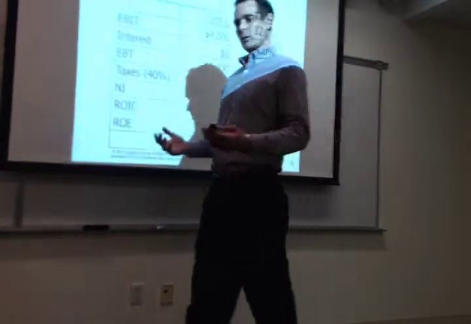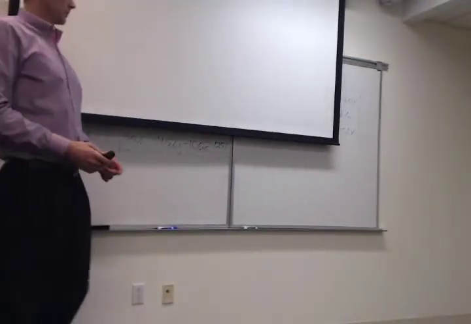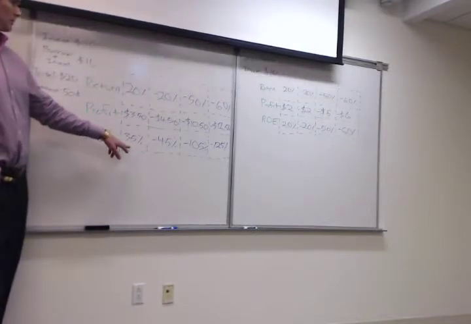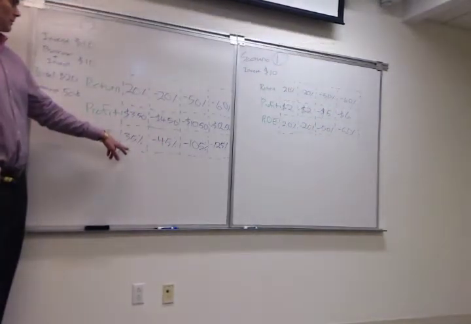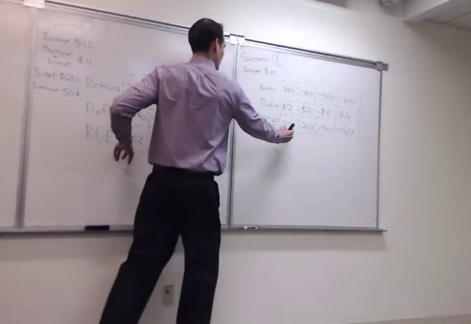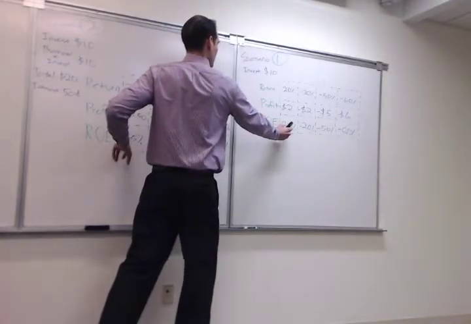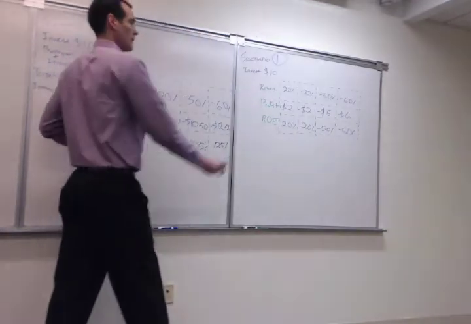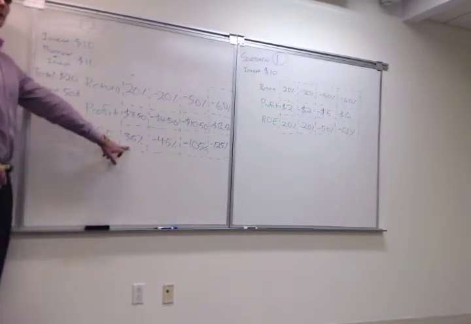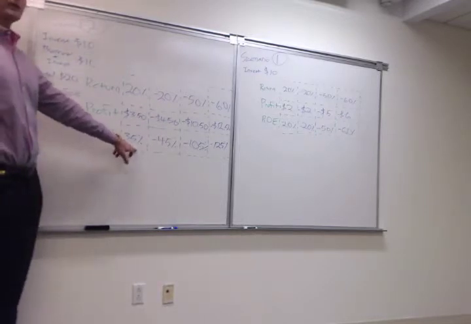Same thing with our example in the beginning. Note how these two figures are different. Scenario 1, 20% ROE. The market performance is 20%. Exact same market performance, but all of a sudden our ROE is 35%.